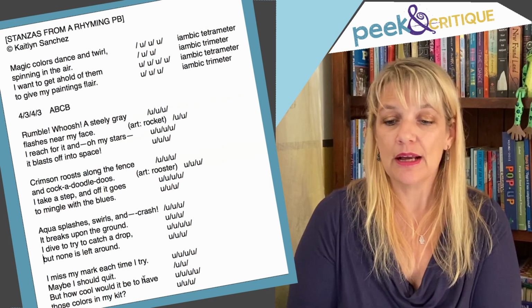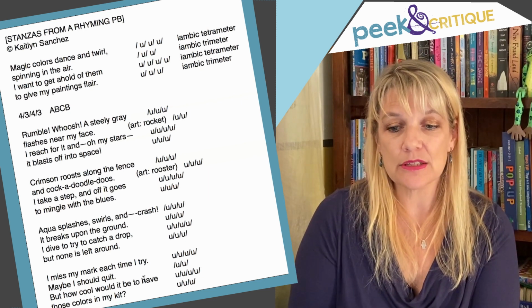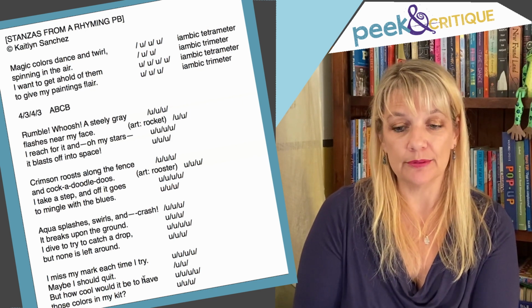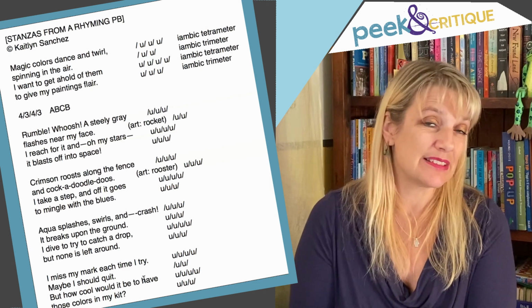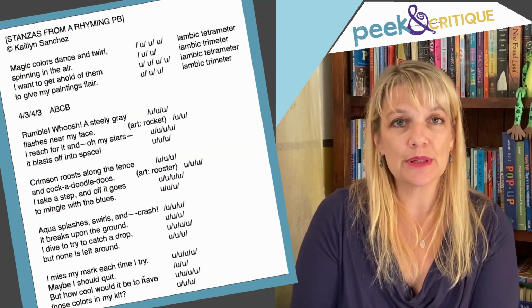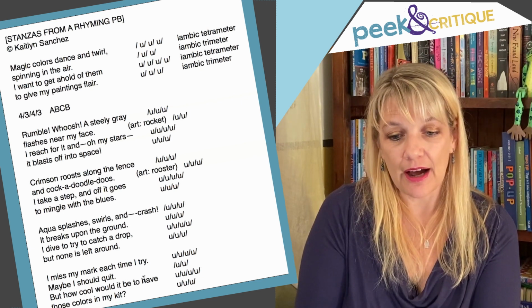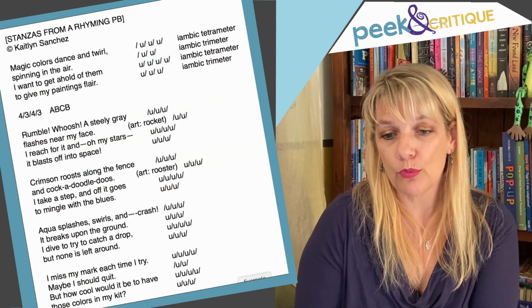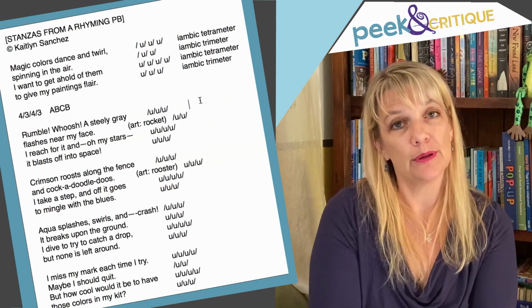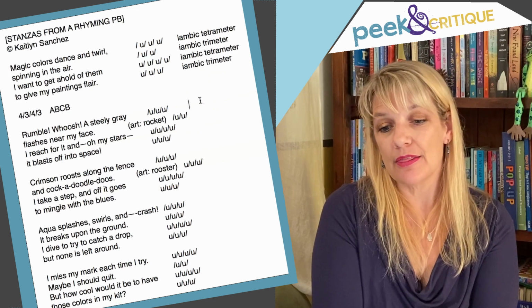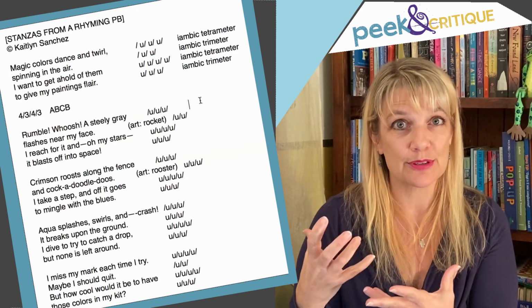Back to the meter. Why do these variations work so well? Besides the fact that they keep it from being sing-songy, there's two moments in particular that I think it works really well. One is when she's got the onomatopoeia with the rumble and the whoosh. Those are big sounds, right?